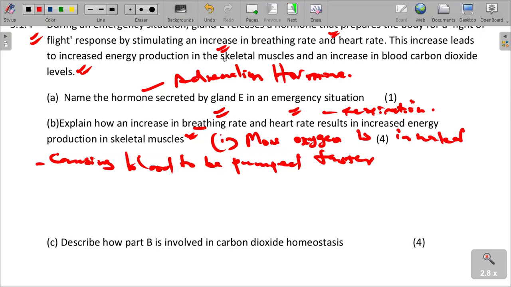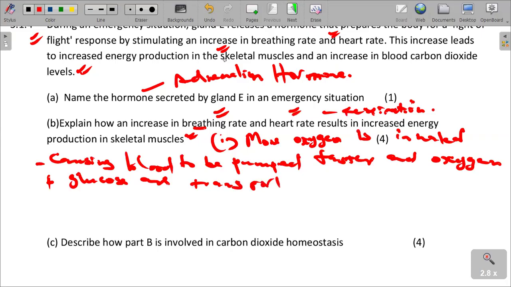So there is a faster distribution of this oxygen, therefore transporting oxygen and glucose to the skeletal muscles. Oxygen and glucose are transported to skeletal muscles.